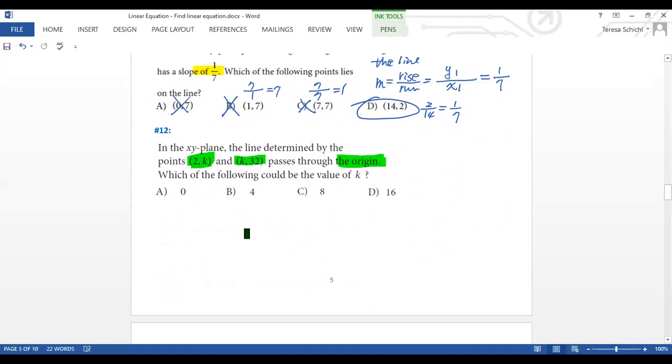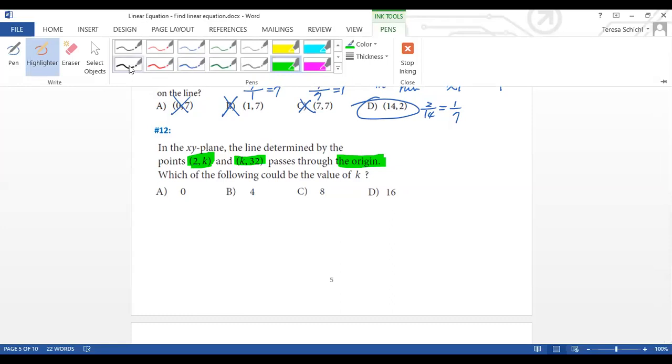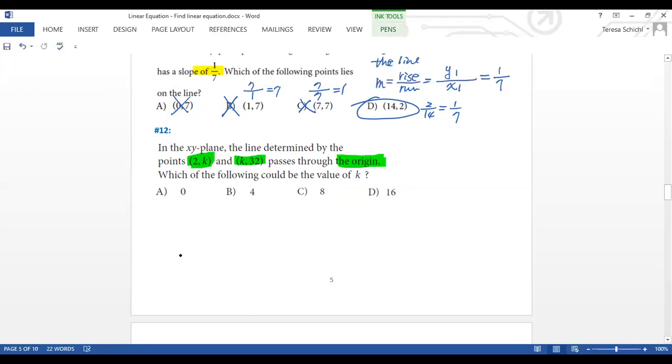Which value could be the value of k here? I don't know what this line looks like, but it passes through the origin. So this is your origin point, this could be the point 2, k, and this is the point k, 32.